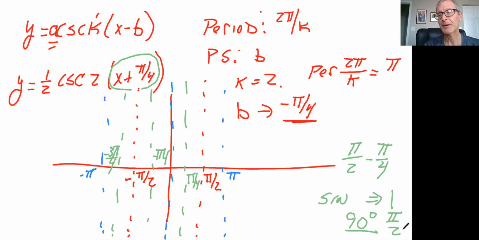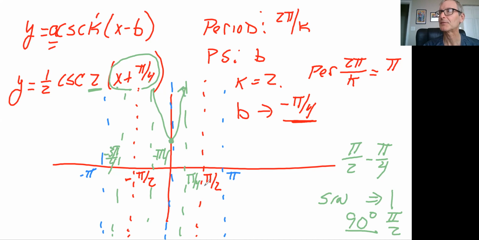So how do we get pi over 2 in radians there? Well, you have this 2 out front, right? So what do you want? Pi over 2. So x would end up being 0. So actually, these things start right here. And so it would end up looking like that.